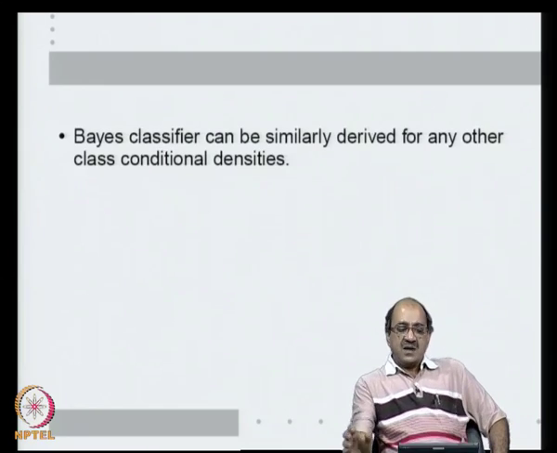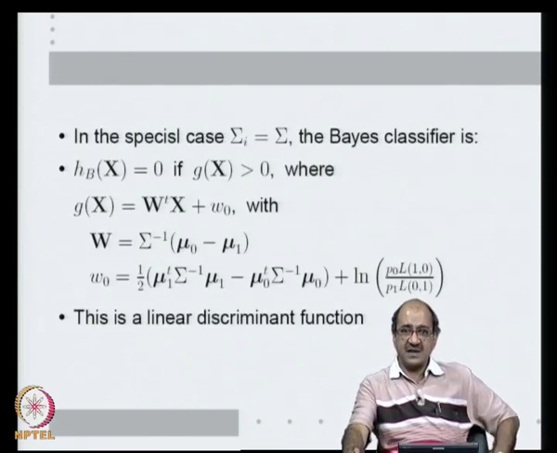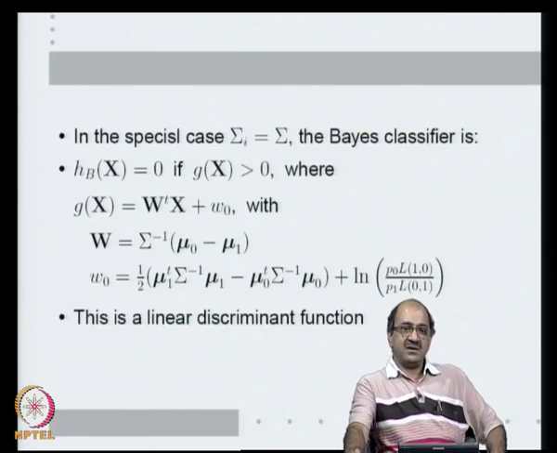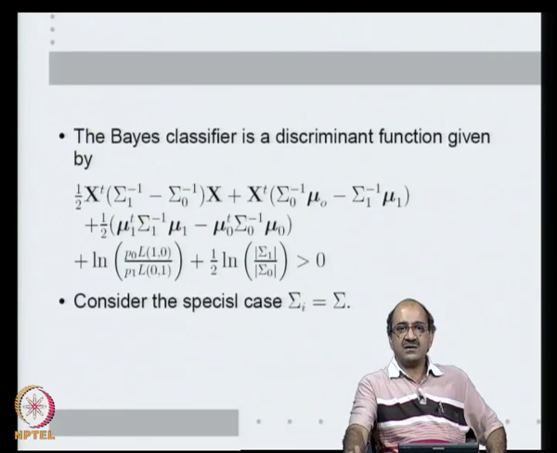Okay. So, in this way, we have seen examples of both 1 dimension and n dimensions, only normal densities were considered. But basically what is it that we have done?